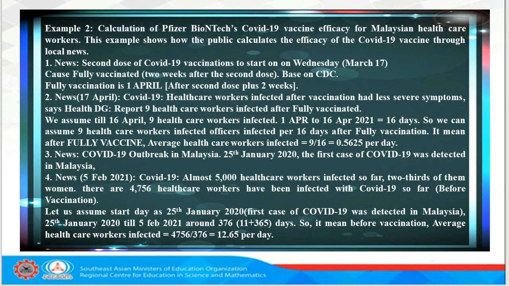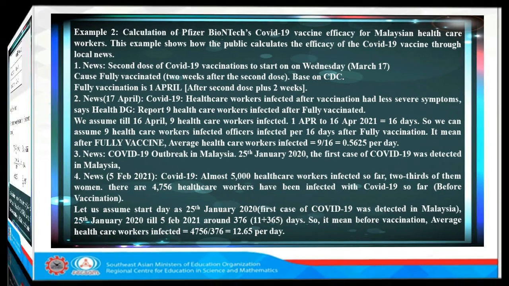Let us assume the start day as the 25th of January 2020. First case of COVID-19 was detected in Malaysia on the 25th of January 2020, till the 5th of February 2021, around 376 days, 11 plus 365 days. So it means before vaccination, average healthcare workers infected equals 4,756 divided by 376 equals 12.65 per day.